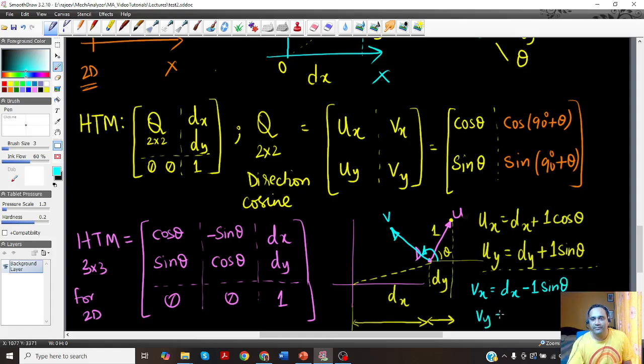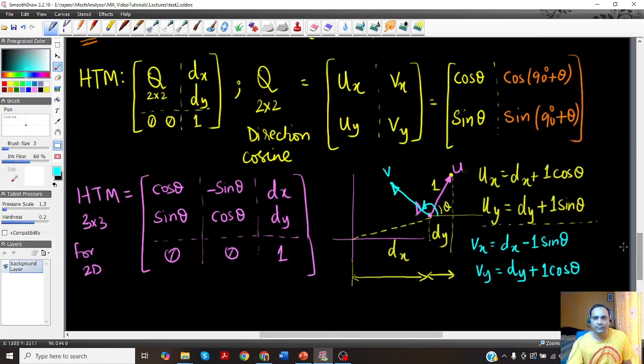Similarly, Vy is equal to dy plus r sine 90 plus theta is cos theta, 1 cos theta. Okay, so this value is what we'll be using in the GeoGebra now.